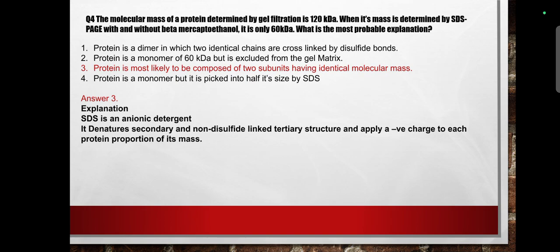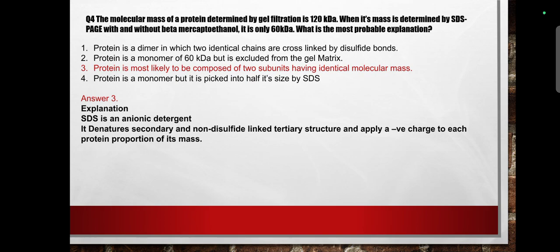So here they are saying that by one technique they got the protein at 120 kilodalton, but by SDS-PAGE and by reducing SDS-PAGE also, they got the same result, a single band at 60 kilodalton. So they are asking what is the probable explanation for this. Let us see the options.